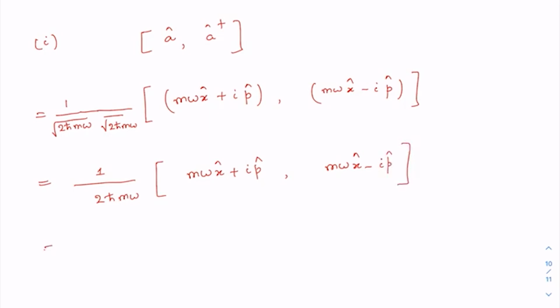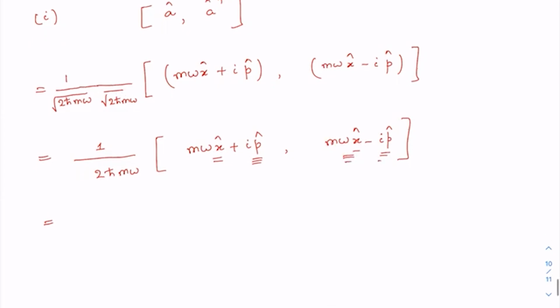Now if I take the commutation, I know that x cap and x cap commute. I have to just bother about the cross terms only, these cross terms. So therefore what I will have here is 1 by twice h cross m omega. Let me write it this way.